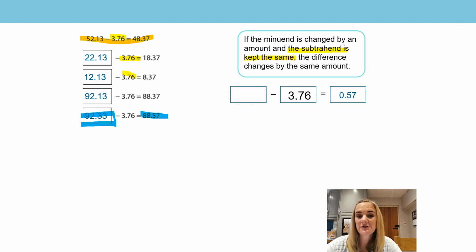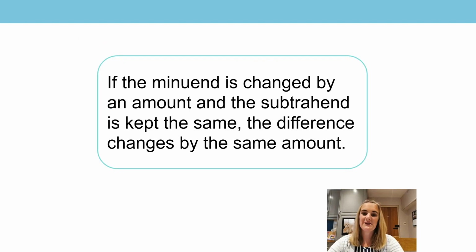There are hundreds of solutions. Just check in yours, whichever calculation you focused on, make sure that those changes are the same. So your minuend and your difference are either increased or decreased by the same amount. So in today's session, our generalised statement, if the minuend is changed by an amount and the subtrahend is kept the same, the difference changes by the same amount is key.